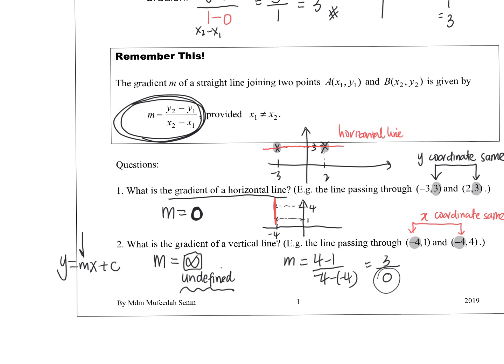And this one is undefined, which means that your equation is x equals to something. So in this case, your equation is x equals minus 4, because it is a vertical line at x equals minus 4. So that's why we can't write the equation in this way. It's undefined. Okay, so this is a recap from your lower sec work. There's nothing new that we have learned here.